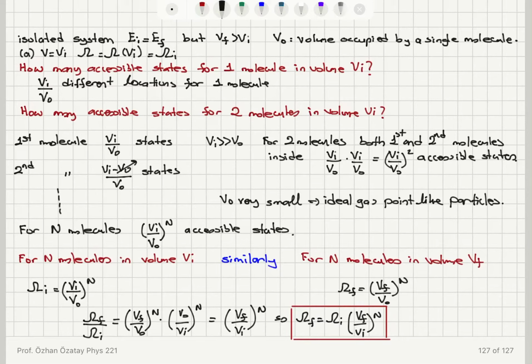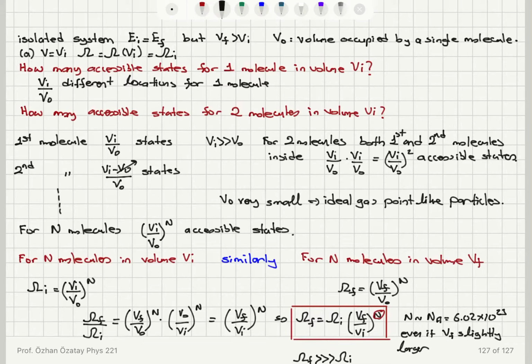Now, n is huge, of the order of Avogadro's number. It's a very big number. So even if V final is slightly larger, omega final will be much greater than omega initial because of this huge power.